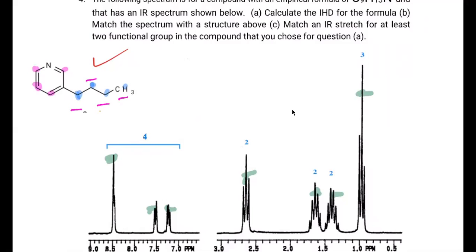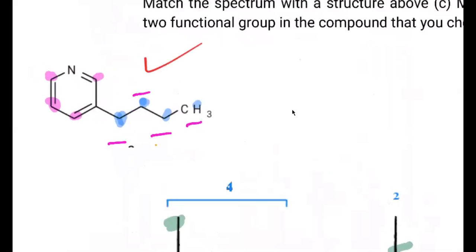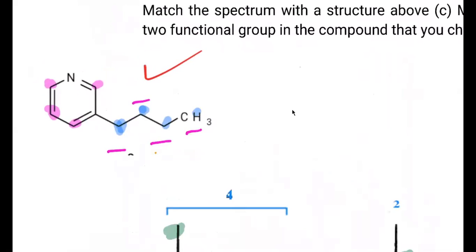Let me draw the hydrogens in on the ring, and then maybe it'll make more sense. So you got these 2 hydrogens here, and then these 2 here, right?